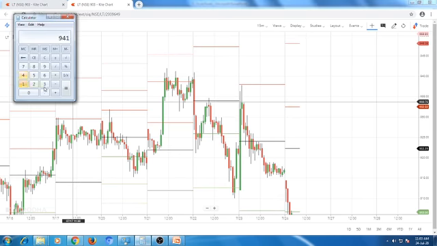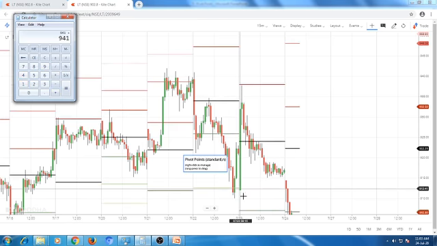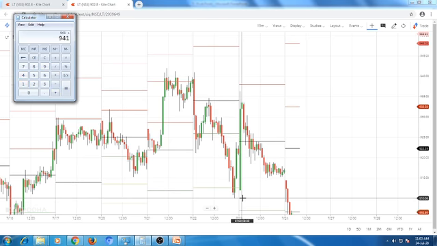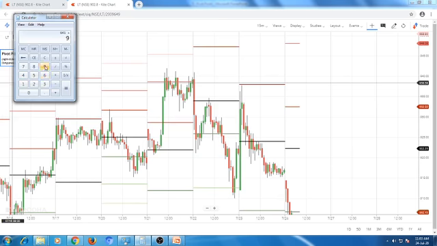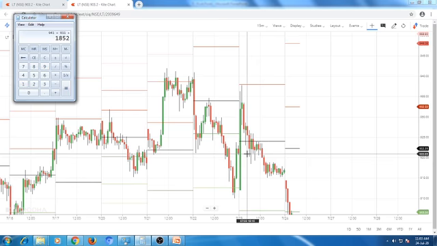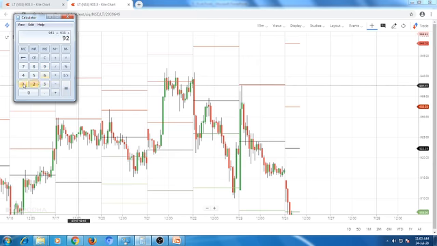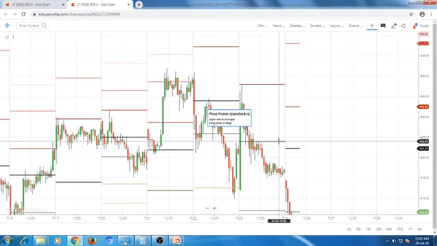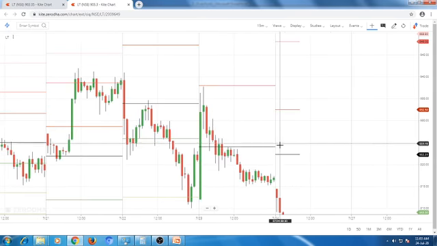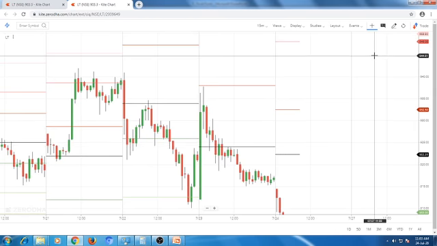So 941 plus the low for that particular day was 910, say 911, plus the closing price was around 921, divided by 3. This should give around 924 as the pivot point for that particular day. If you see this, the pivot point is exactly 924. So this is the way the pivot point is calculated.